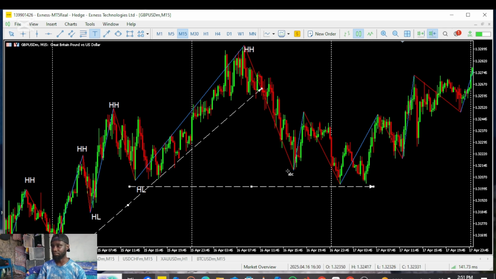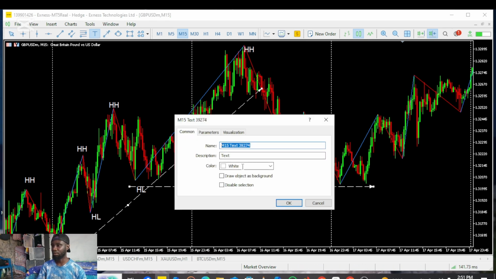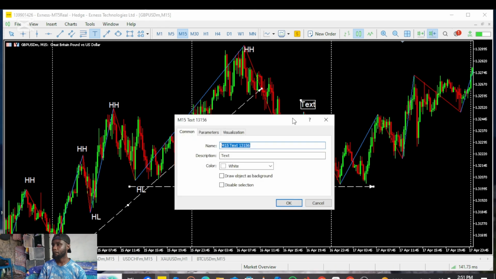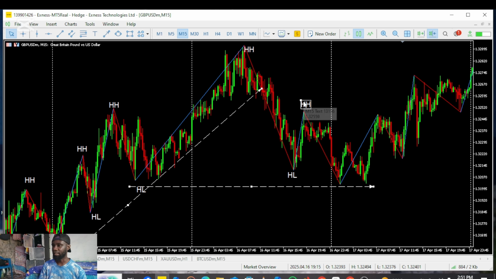It creates a higher low over here, higher low over here. It creates another higher high over here.